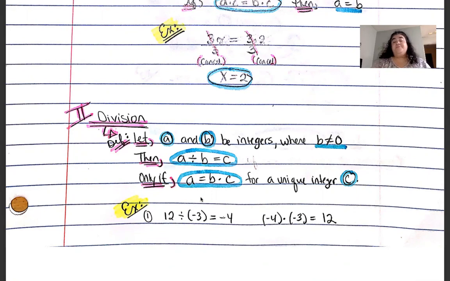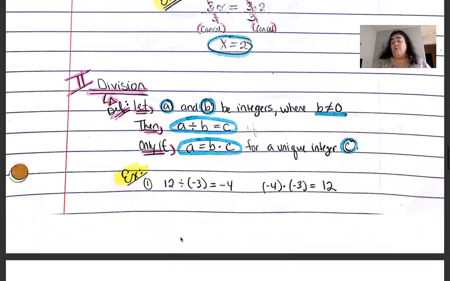You can see it here: 12 divided by negative 3. Our signs are different, so our quotient will be negative. 12 divided by 3 is 4, and because 12 is positive and 3 is negative, two different signs, our answer is negative. So 12 divided by negative 3 is negative 4.